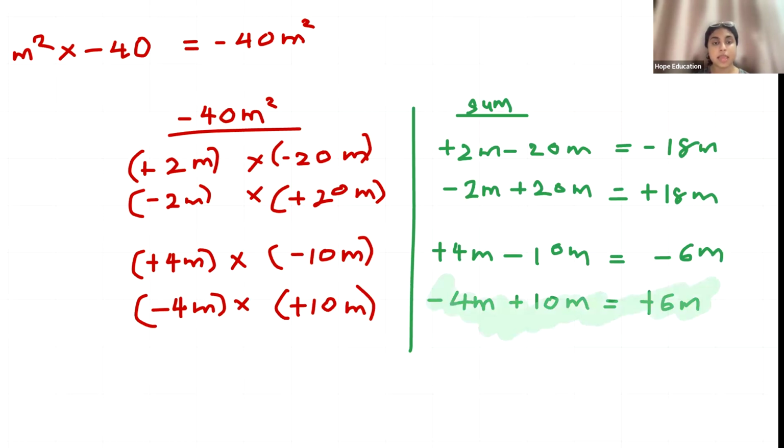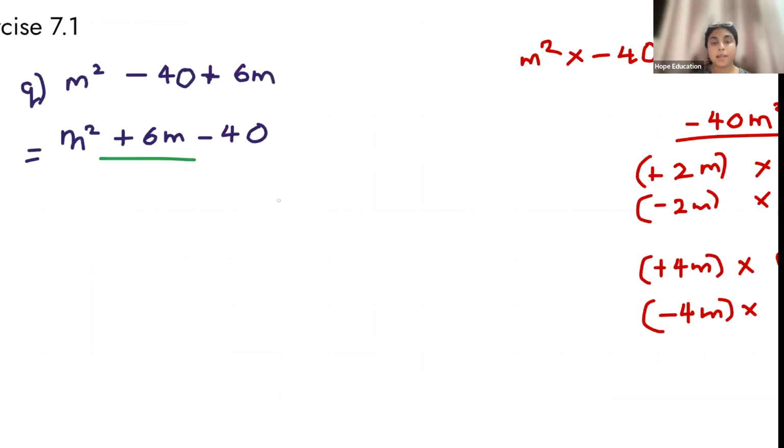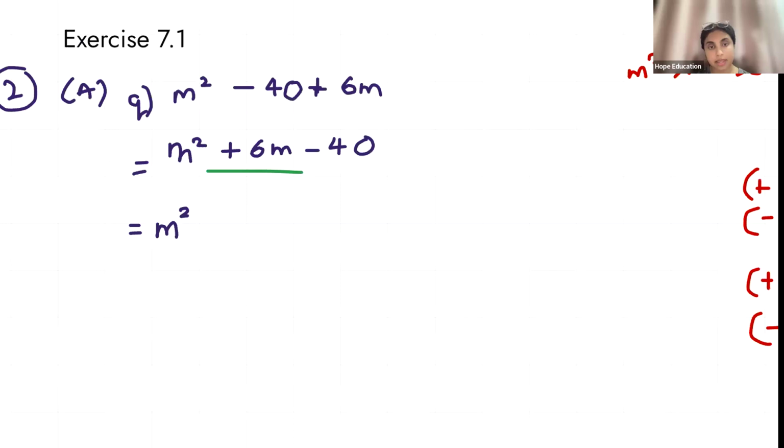So we will rewrite this: m squared plus 6m, here we have minus 4m plus 10m, and at the end, we have minus 40.